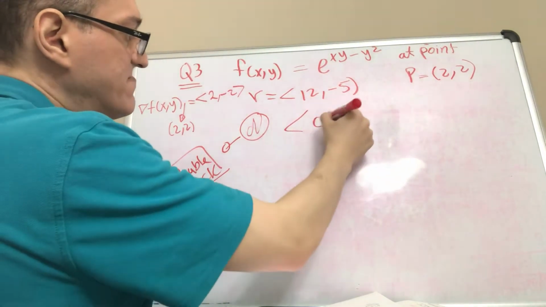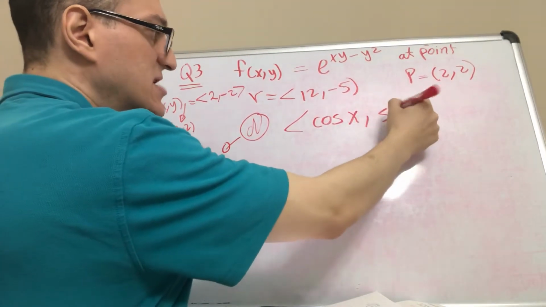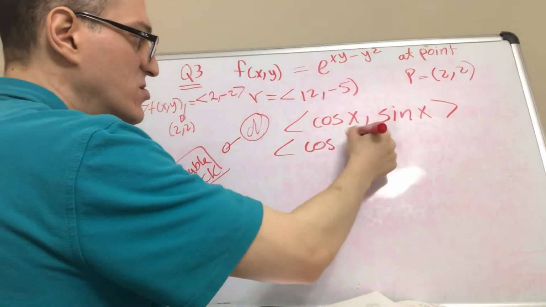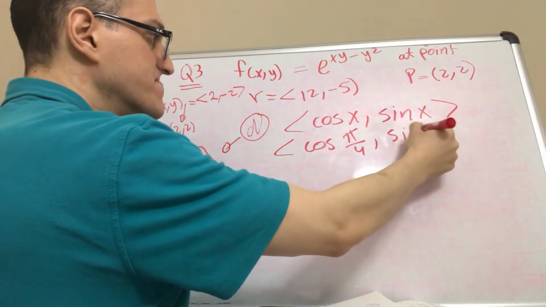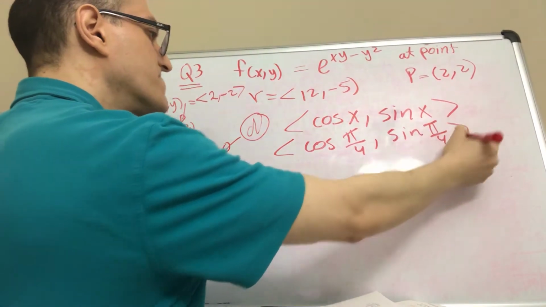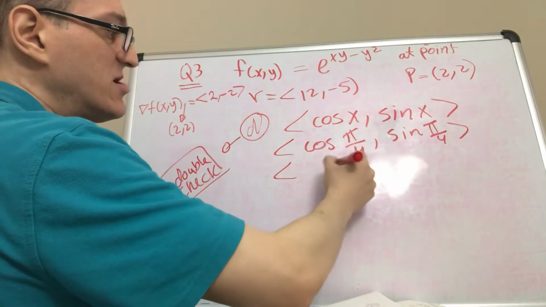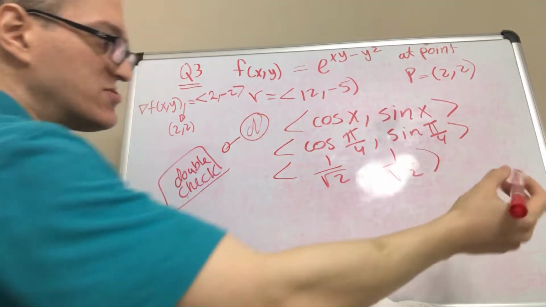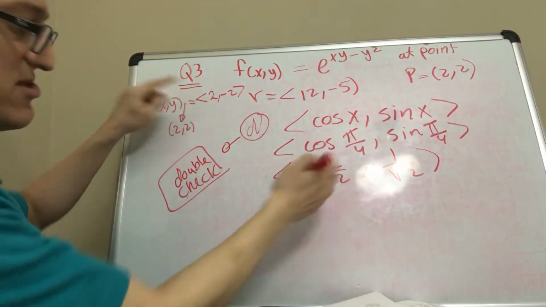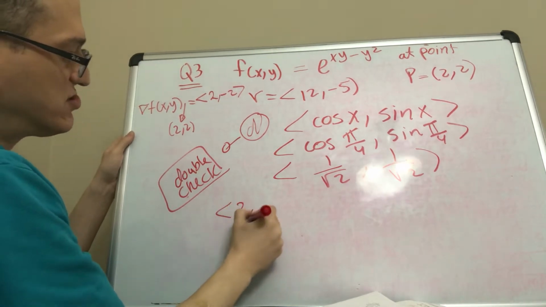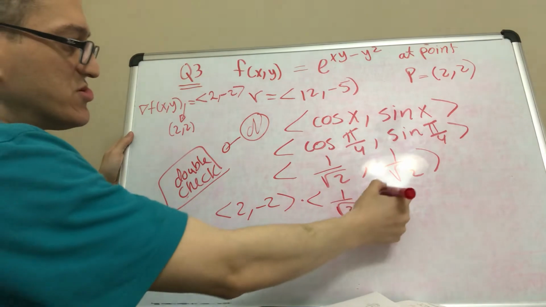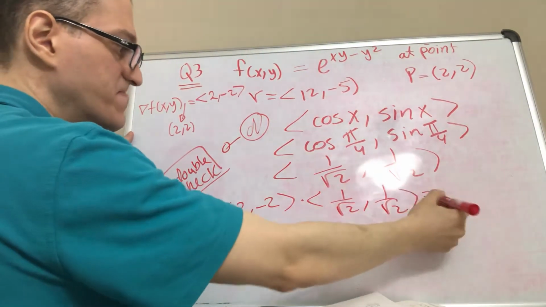So again, we need a vector of cosine and sine. The angle is pi over 4. Cosine pi over 4 is 1 over root 2, and sine is also 1 over root 2. And then we do the cross multiplication with 2 and minus root 2, and 1 over root 2, 1 over root 2.